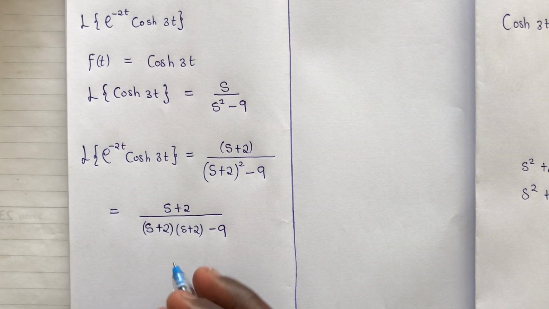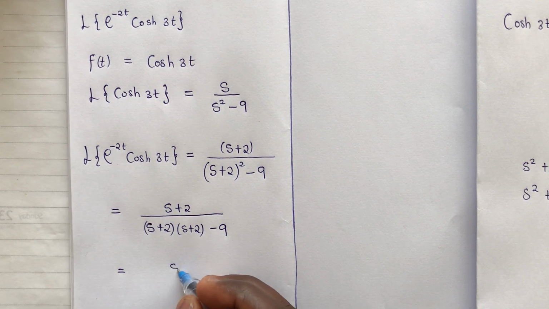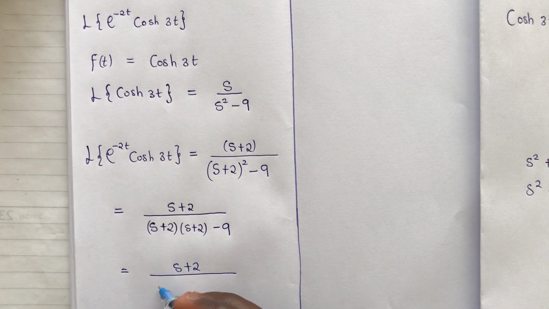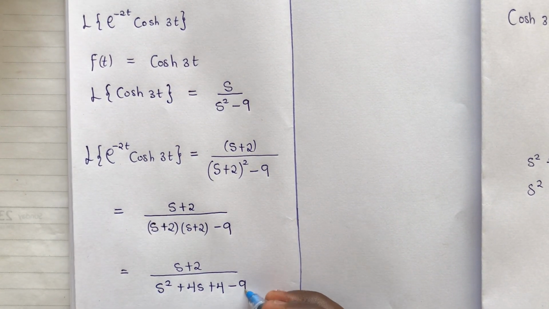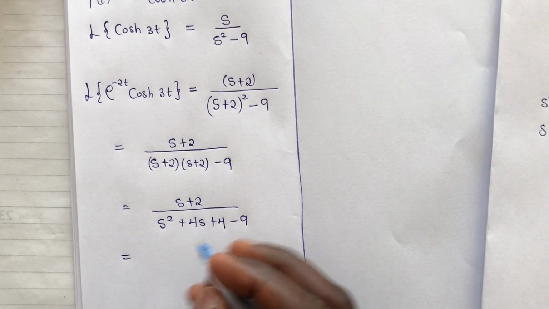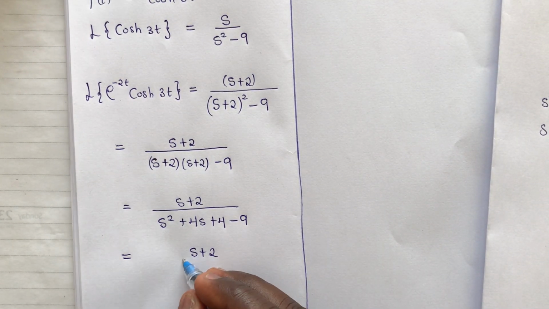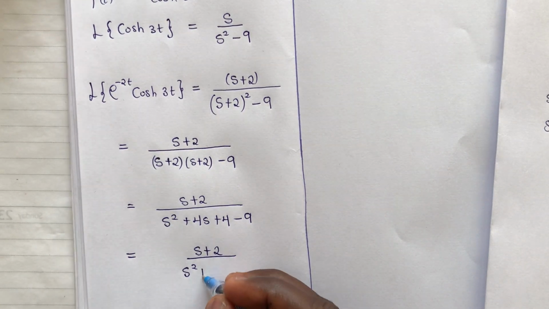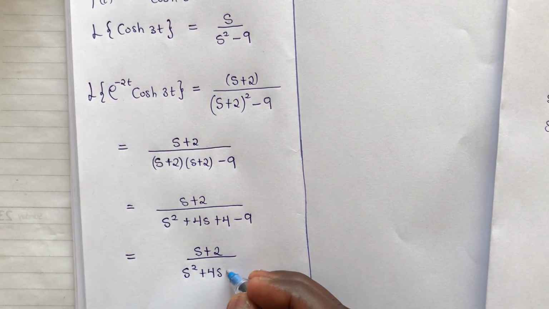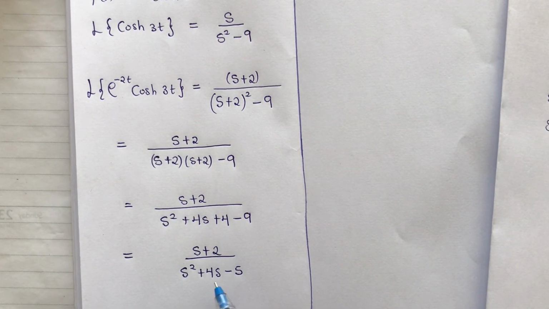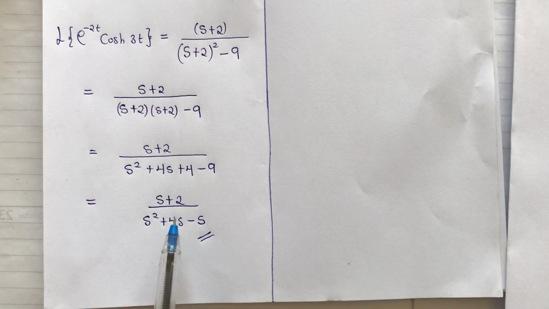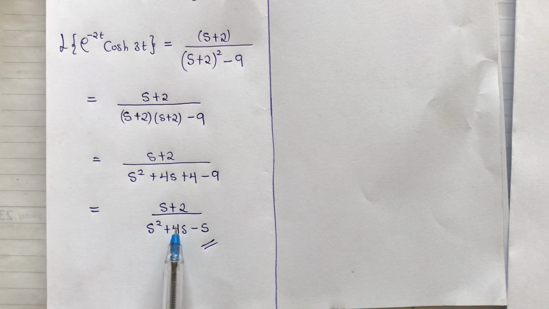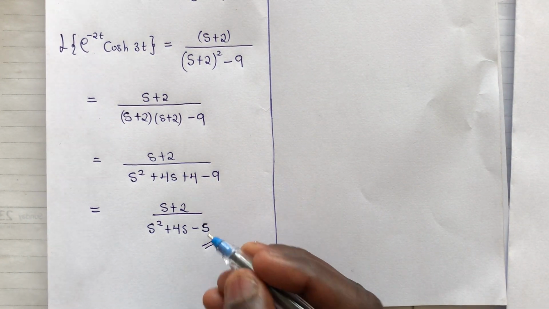So when you put that here, we are having s plus 2 all over s squared plus 4s plus 4 minus 9. And finally, your result becomes s plus 2 all out of s squared plus 4s minus 5. And this is the Laplace transform of this function. So the result is s plus 2 over s squared plus 4s minus 5. This is 5, not s.